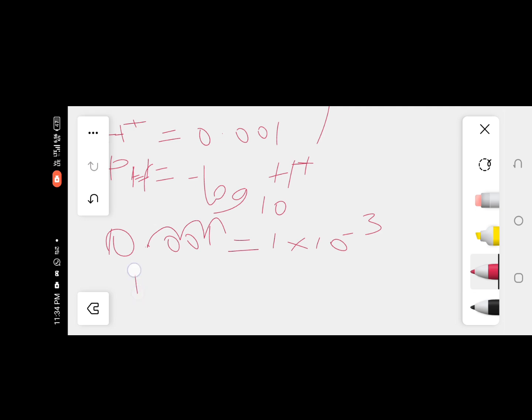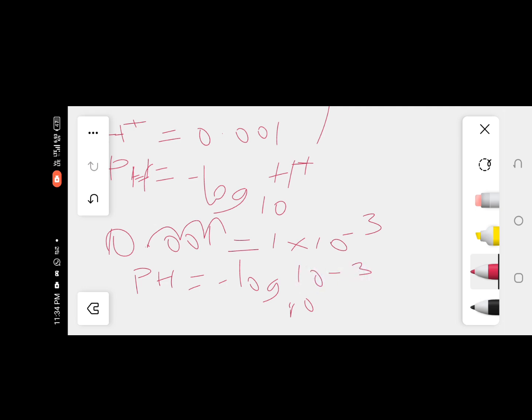So all I need to do is pH is equal to minus log 10 of now 1 times 10 raised to power minus 3, which is the same thing as 10 raised to power minus 3.